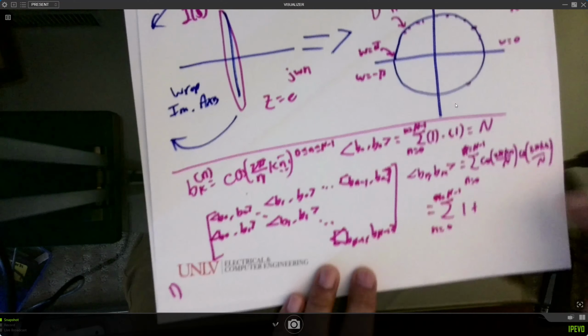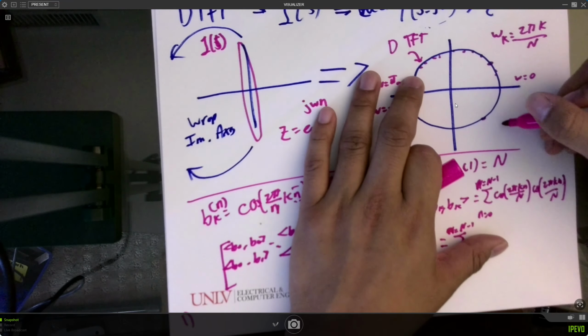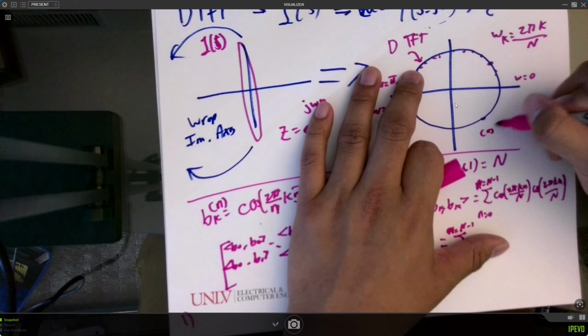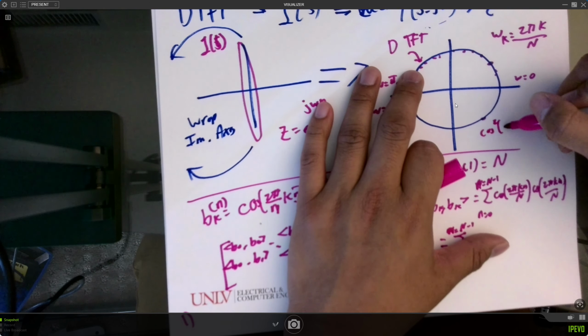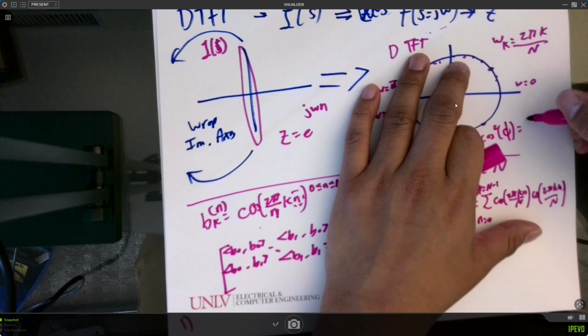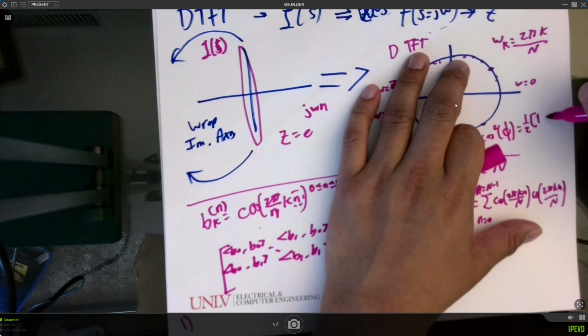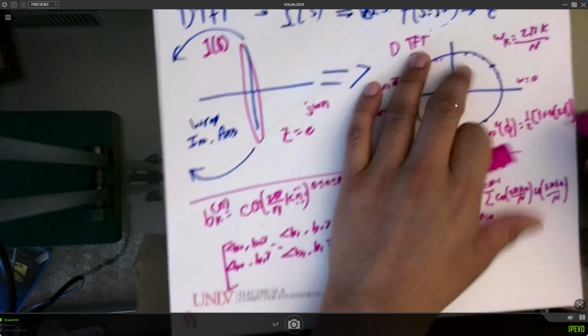So, the trig identity that we want to learn is if you have cosine squared of phi, I guess, then it's equal to 1/2 times 1 plus cosine 2 phi. There you go.